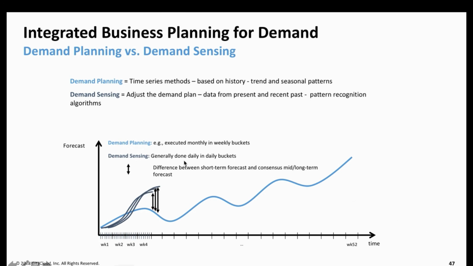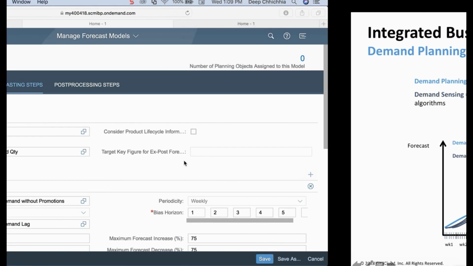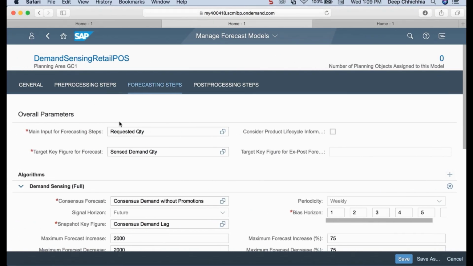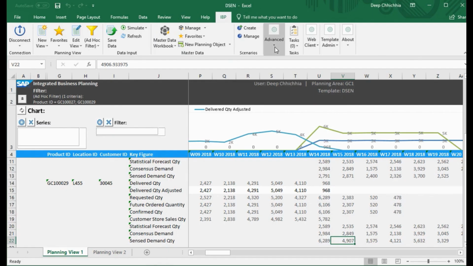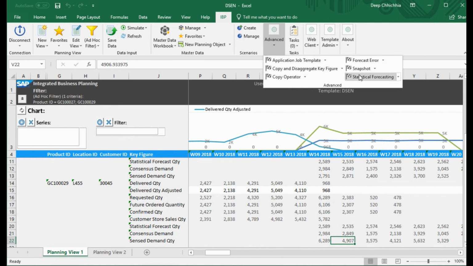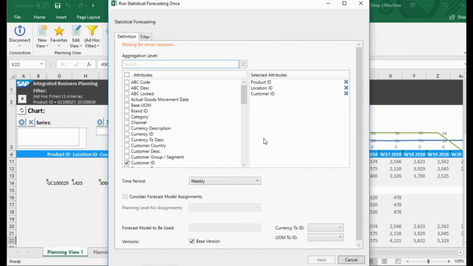Now let's have a look at another demand sensing model, which is basically the same model, but it has retail POS factored in. Here, for the point of sales, I have modeled customer store sales quantity as the input for POS data for demand sensing. Let's see what impact it has on our result. Let's run the algorithm with the retail POS data.